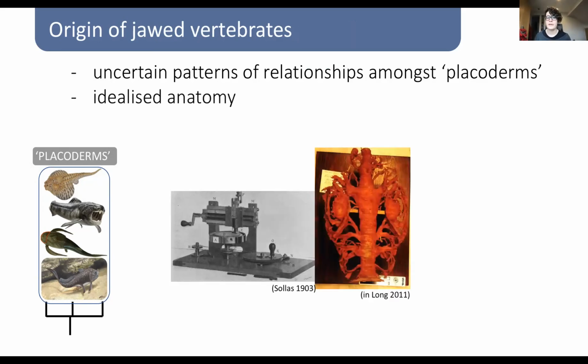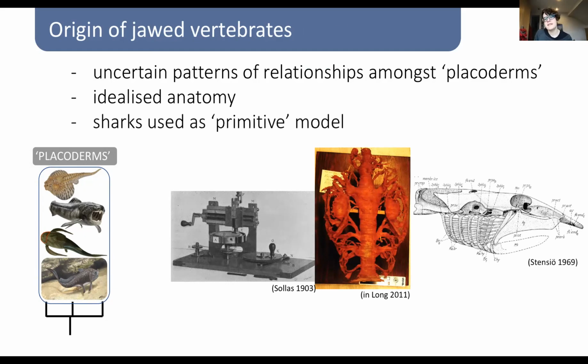Secondly, our anatomical understanding of most of these placoderms is based on decades-old descriptions, based on these destructive tomography techniques. These models, as I mentioned, are really informative, but they tend to have very idealized anatomy. The waxed models themselves are now too fragile for restudy. And the original specimen is a pile of dust, so we can't go back and double check those interpretations.